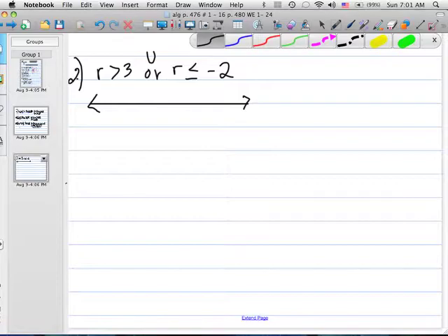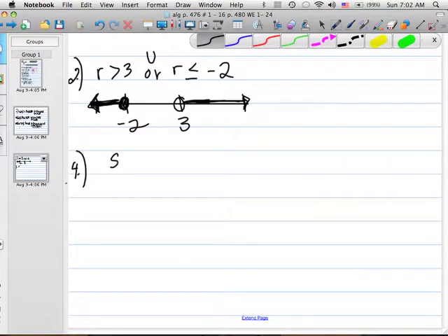So r is greater than 3 would be an open circle shaded to the right, solid arrow. R is less than or equal to -2, that would be closed because we have the bar. Shaded to the left, solid arrow at the end.